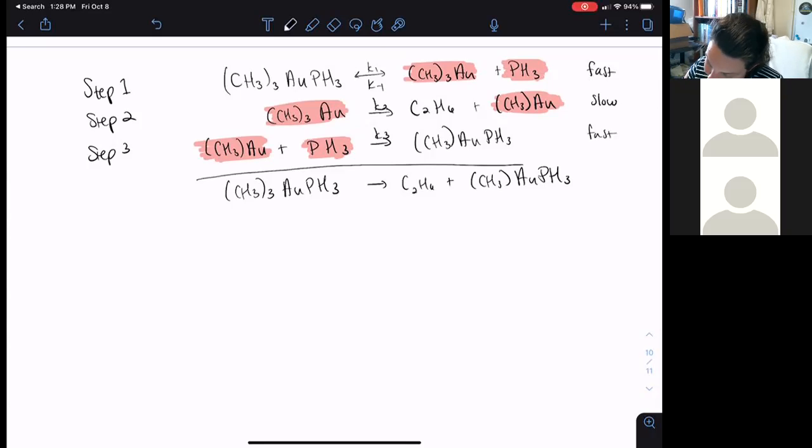So now we take our slow step and rewrite. Oh, that's going to be fun.